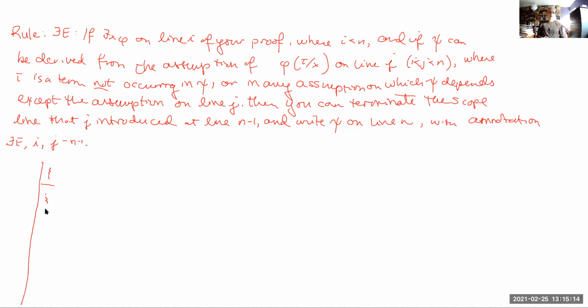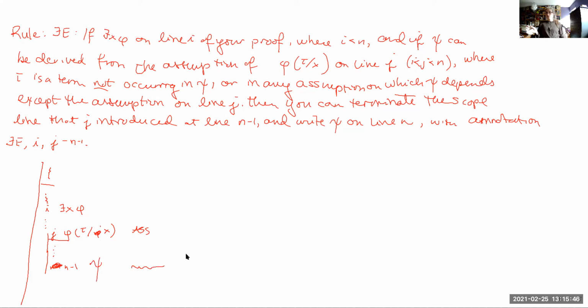So schematically, what this looks like is, you've got your proof, you've got various premises, you've got various other things, and then here at line i, you've got something of the form exists x phi. And then at some point later on, you say, okay, I'm going to call that object tau. Oops, that should be an x. There we go. So I'm making a new assumption. Then at some point later on, at some line n-1, I can derive psi.